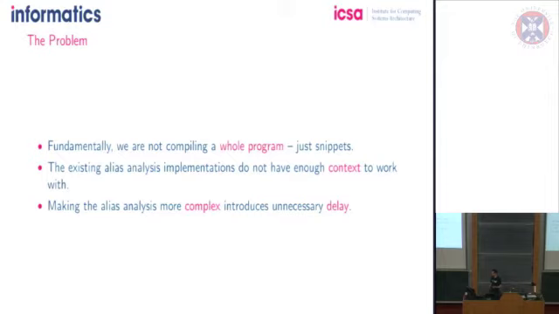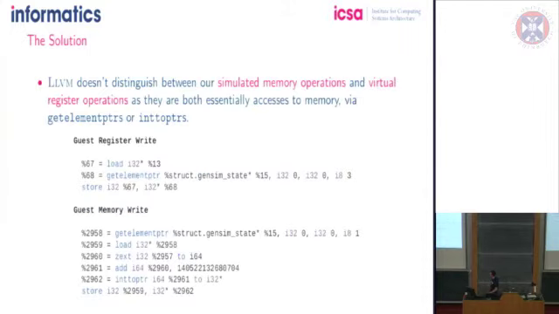We know what the int pointers point to: guest memory. We know that the get element pointers point to virtual registers in the CPU state struct. And what's the point in trying to recover this at runtime with a complex analysis pass when we can propagate that information down at generation time? So this is exactly what we do.